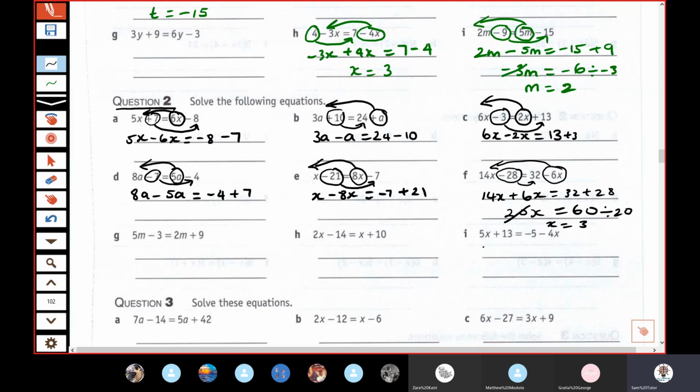Try to see if you guys can do the first line of each of these, and if you can continue now, I'll do B, for example. The next line should be easy. What's 3a minus a? 3a minus a, that's 2a, equals 24 take away 10, 14, and then that just looks like what we've been doing, right?